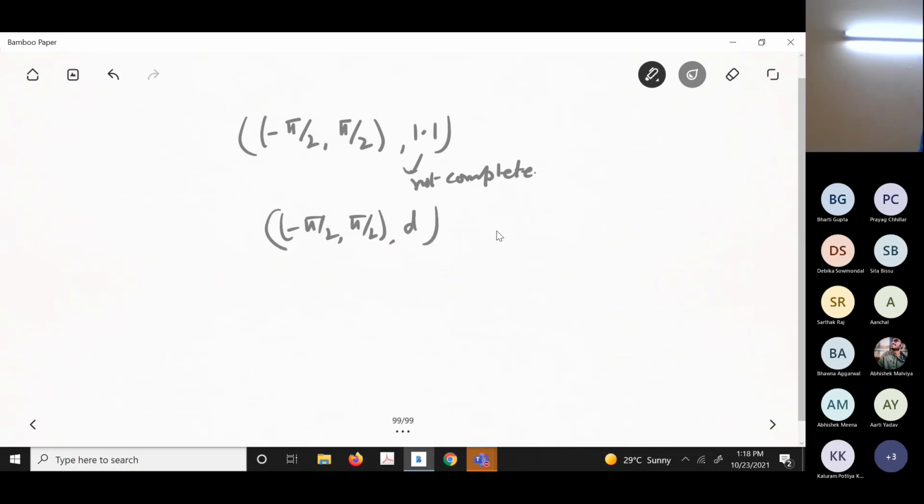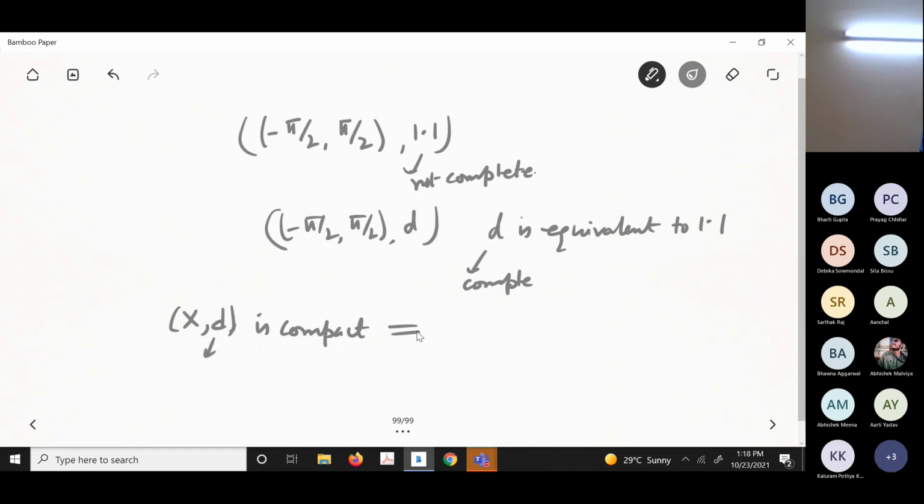Another metric d is equivalent to, that exactly I have discussed here, equivalent to this, but d is complete. But look at the previous theorem. Xt is compact. This is a topological thing. It only involves open sets. It's compact if and only if Xt is complete and totally bounded.